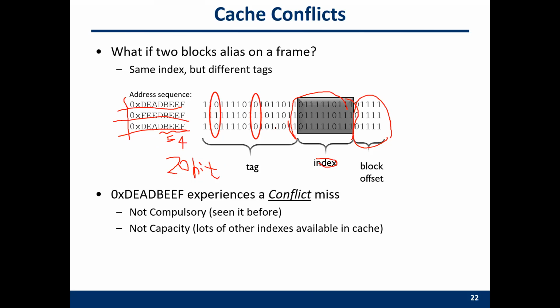This is a very common case. Why? Because if you have some structure with 20 bits the same, and you try to access your array elements, each element is 20 bits, then this case will happen.